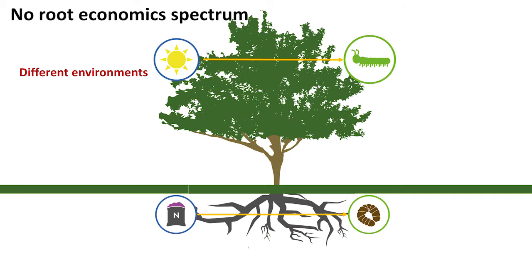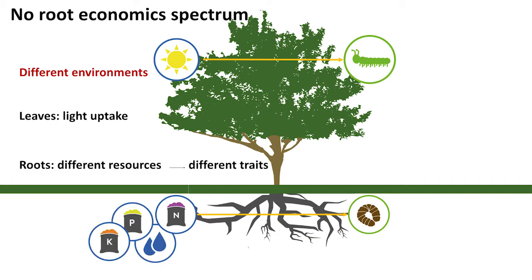Secondly, fine roots and leaves act in very different environments. Leaf traits are mainly optimized in order to acquire light, but roots have to acquire water and about 15 different mineral elements simultaneously from the soil. And these different resources might all differ in their availability and in their mobility, and therefore they might actually require different traits.